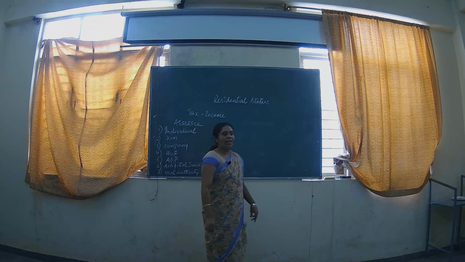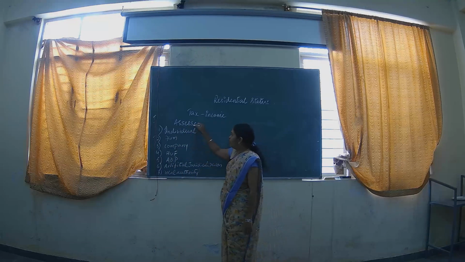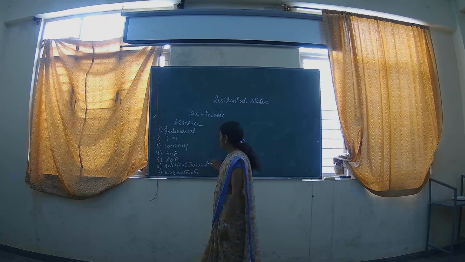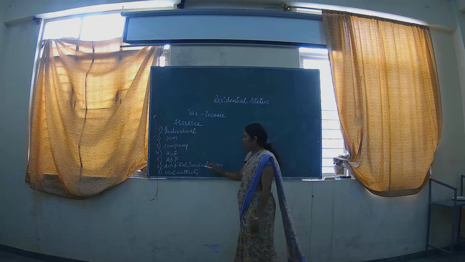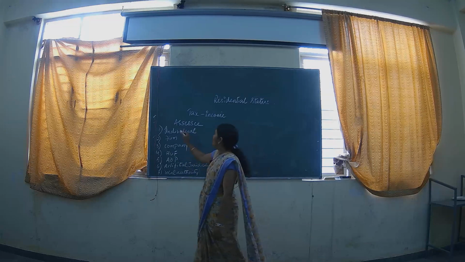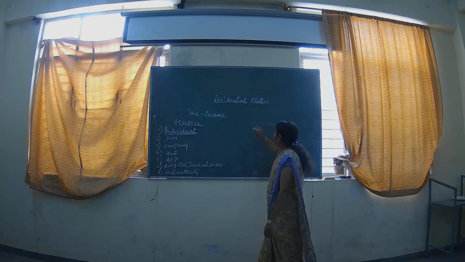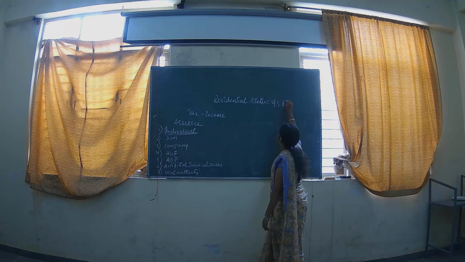An assessee can be any one of the following: an individual, firm, company, HUF, association of persons, artificial juridical person, or local authority. Today we will be discussing the residential status of an individual under section 6.